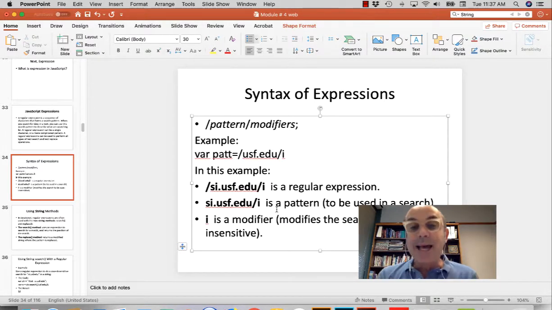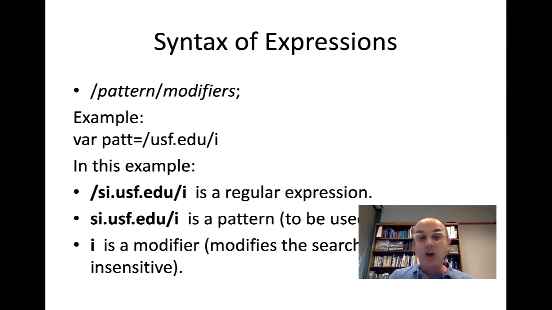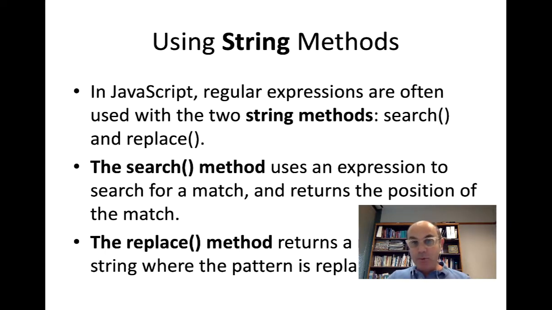So in this case, I change it to the home page of our website, and in this case it is ci.usf.edu, but I add another dimension to it. I add the i as a modifier. The modifier of search is based on the text that I'm going to search in my expression.